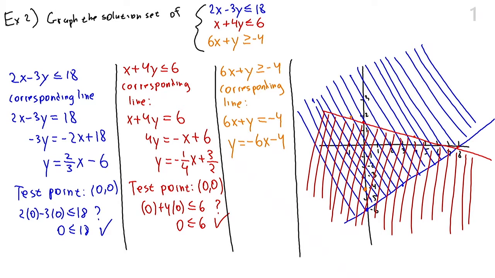And again, it's greater than or equal to, so we draw a solid line. And again, the origin is not in our line, so we can use it as a test point.